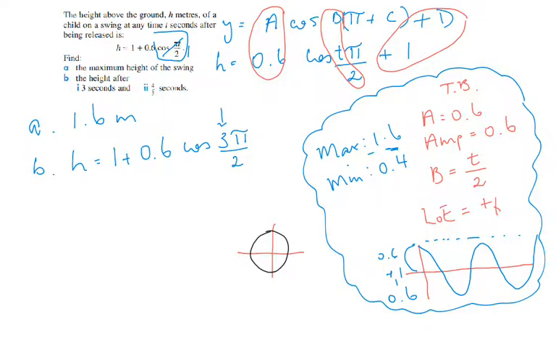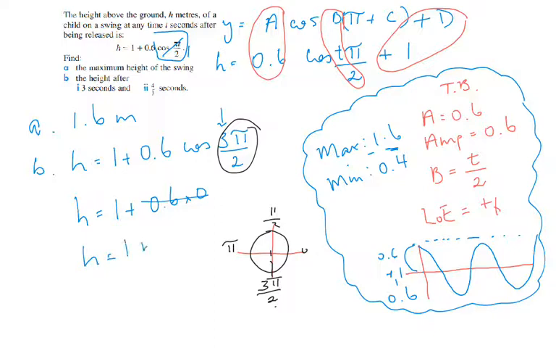We know that we've got 0, we have pi on 2, we have pi, and down here is 3 pi on 2, which is what we have here. And at 3 pi on 2, our cos value is right on that line, so our cos value is 0. So h is equal to 1 plus 0.6 times 0. So this term disappears. So at t equals 3 seconds, our height is equal to 1 metre.